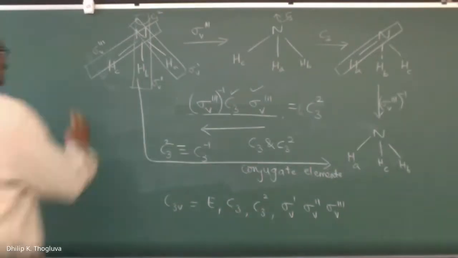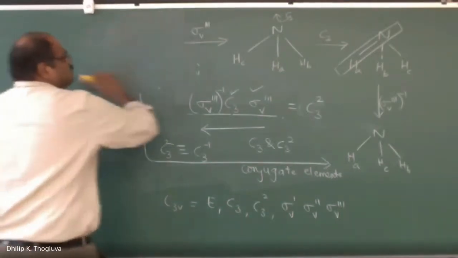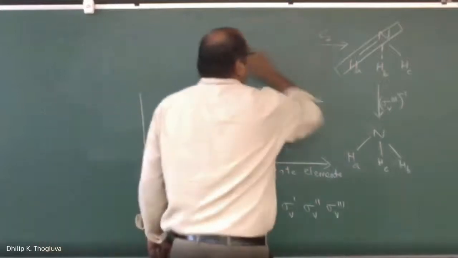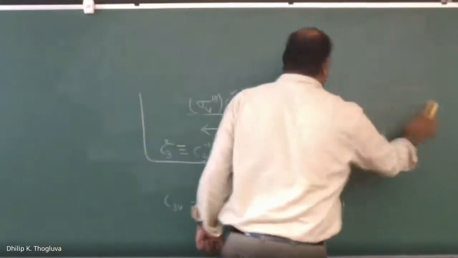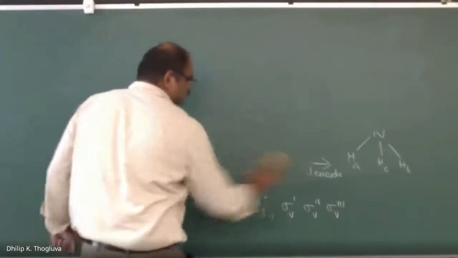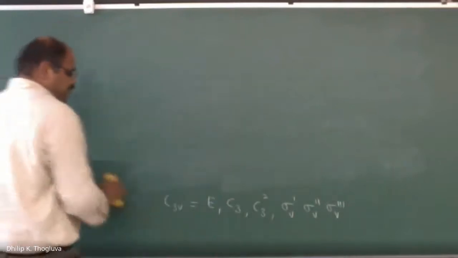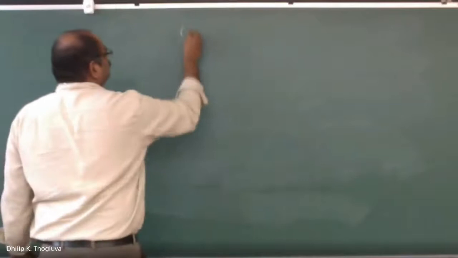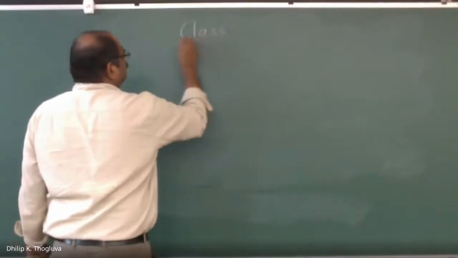Okay, so let's see some examples. Class definition is a complete set of elements which are conjugate to each other, called a class of a group.